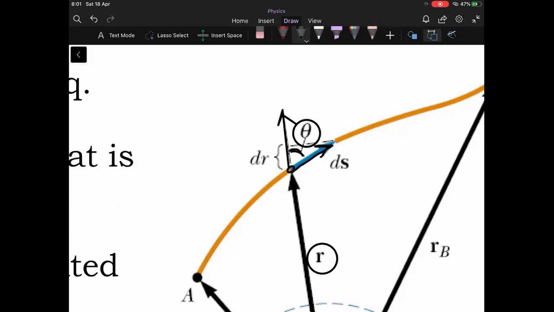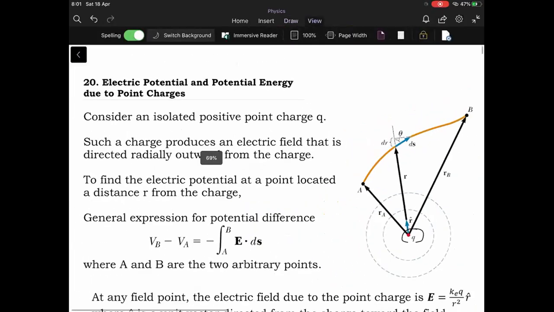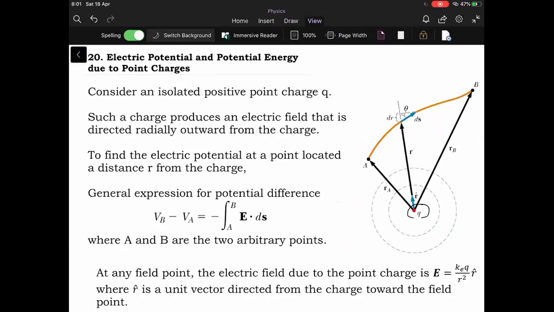Now we have to find out the total potential difference for this path A to B. So this is what the situation is. Now you can start writing it down. Then I'll explain one by one.